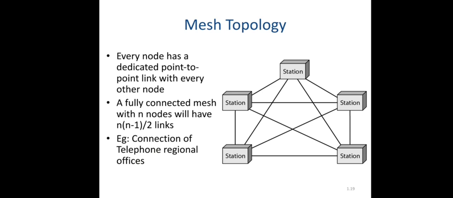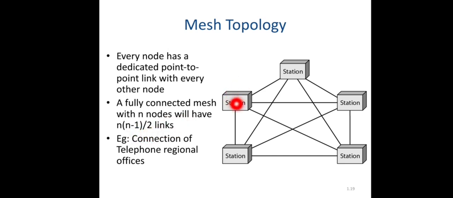In the case of mesh topology, you can see here 5 different nodes are interconnected, and there is a point-to-point dedicated link between every pair of nodes. In a fully connected mesh with n nodes, we need n into n minus 1 by 2 links, right?